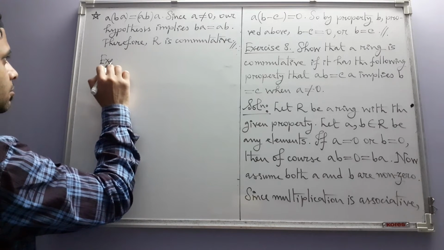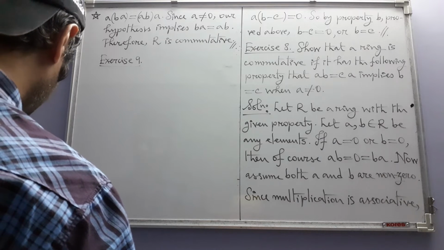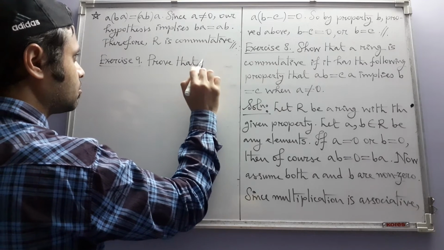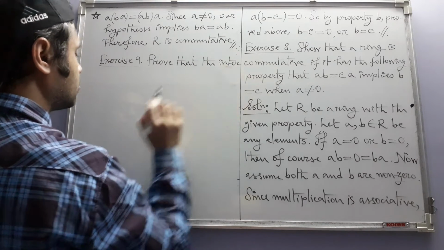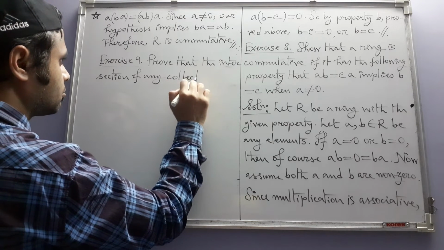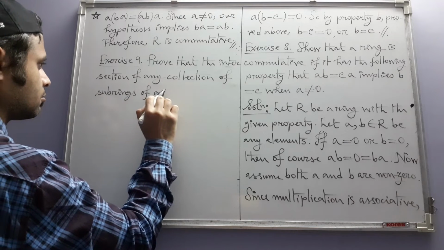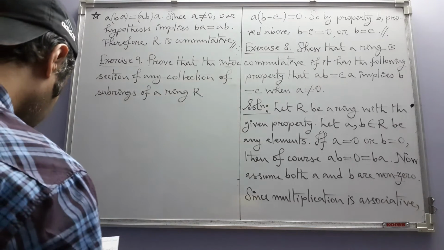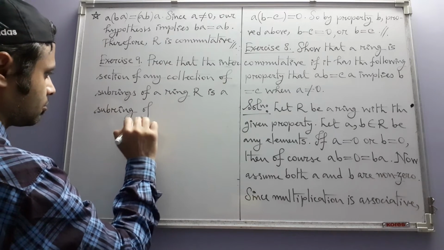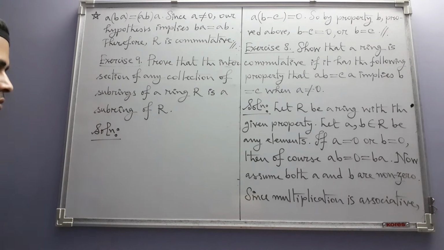9. Prove that the intersection of any collection of subrings of a ring R is a subring of R. We will apply the subring test.